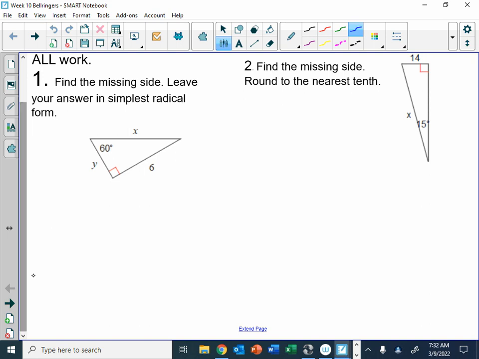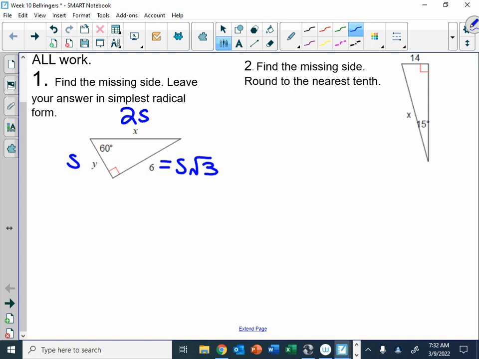Which angle is 6 across from? 60. So what does that mean that leg is? S square root of 3. Good. So that means y is going to be s, and what's my hypotenuse for 30, 60, 90? 2s. Good.